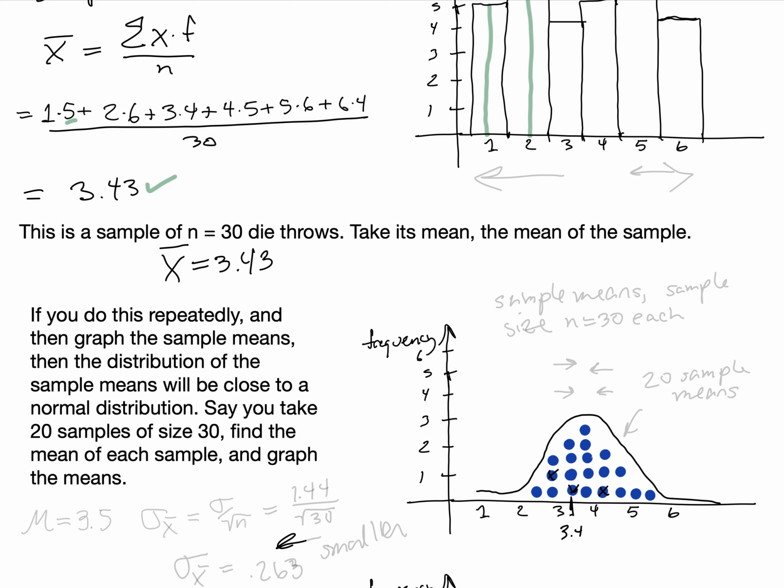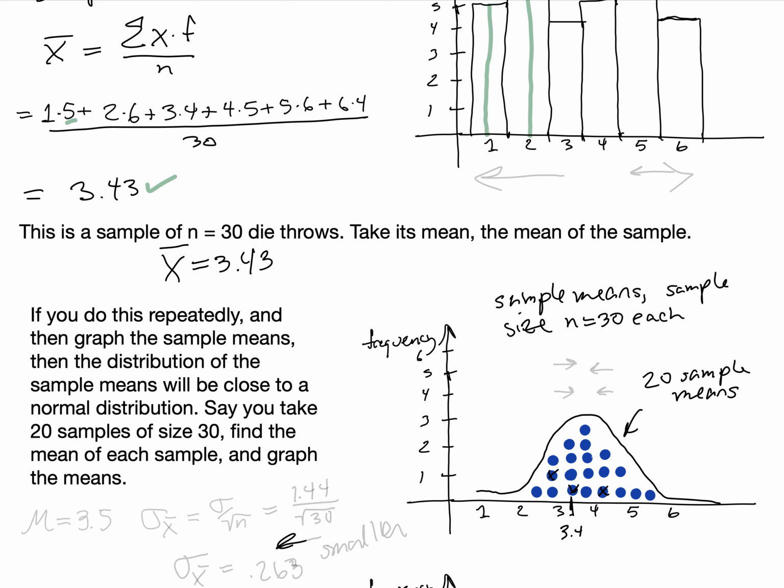So these are sample means, sample size n equals 30 each. So each of them has sample size n equals 30, and there are 20 samples, 20 sample means graphed.